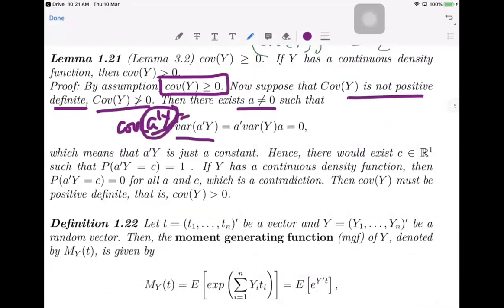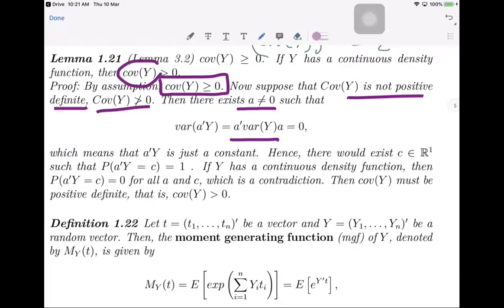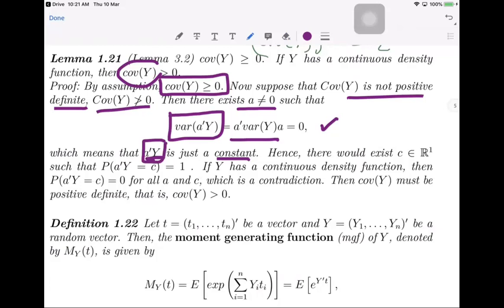is just one random variable, so it's a variance, though it is covariance that is written here, but this covariance is actually the variance, no? This is how the variance of A prime Y is equal to 0, which means that when the variance is equal to 0, that random variable is just a constant.